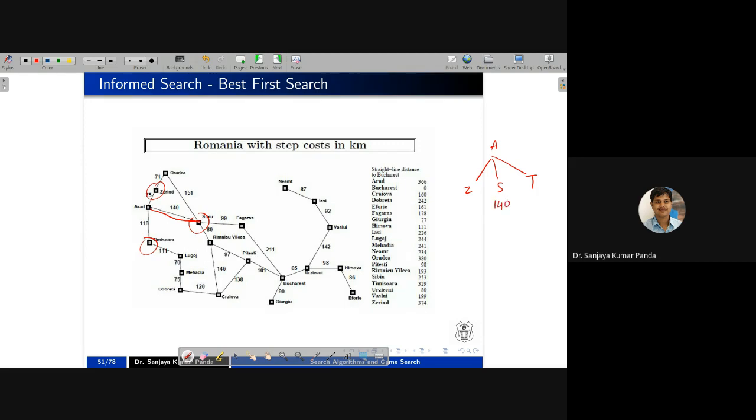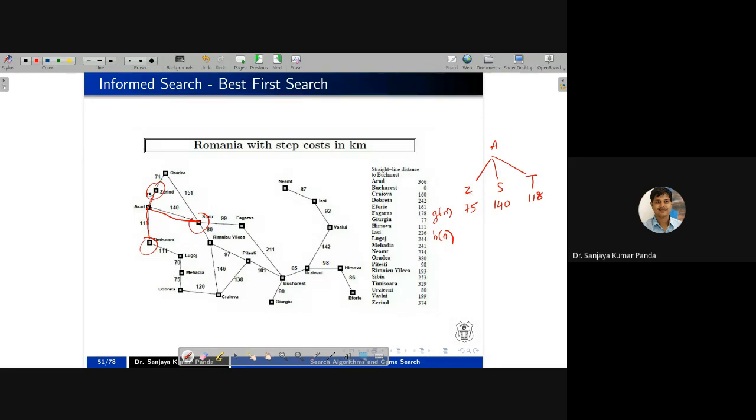The cost, or you can say distance, from A to T is 118, and from A to Z is 75. These values are called your g of n. But what is h of n? h of n is nothing but the straight line distance.